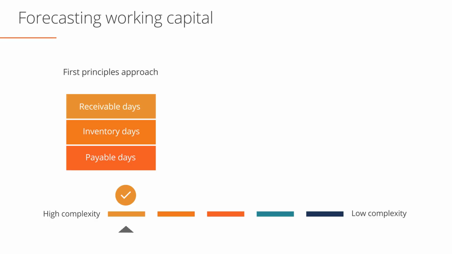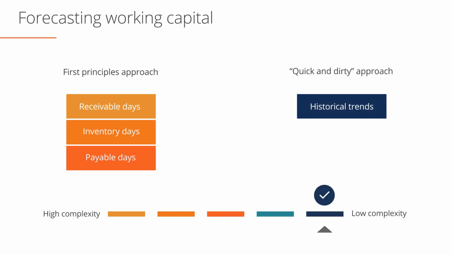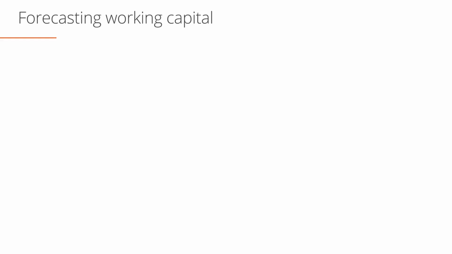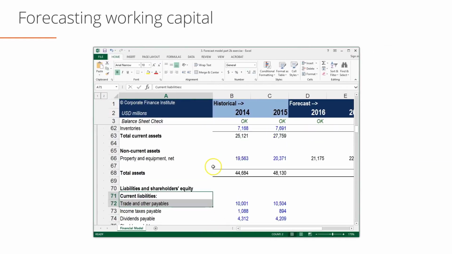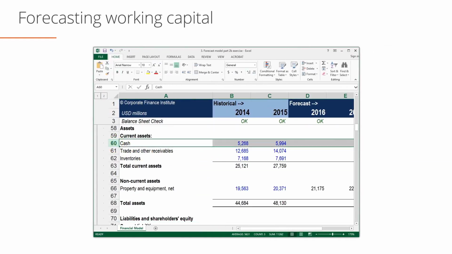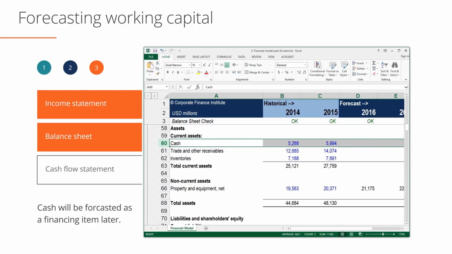Our forecast model will use this approach. Alternatively, we could calculate working capital as one item in a quick and dirty way based on historic trends. Cash, although often considered part of working capital, will be forecasted as a financing item later.